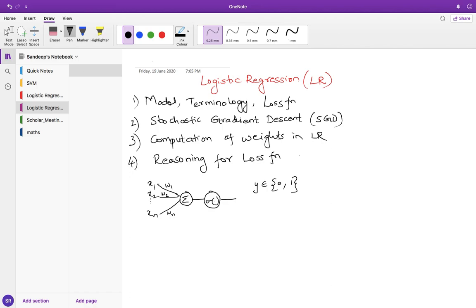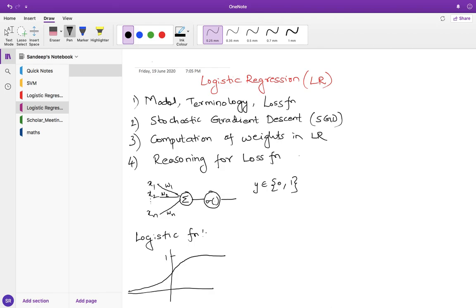Let us first discuss what this logistic function is. The logistic function, also called the sigmoid function or S-shaped curve, is a continuous approximation of a step function. It looks something like this. It starts from minus infinity and slowly reaches 0.5 at 0, and later it saturates at 1.